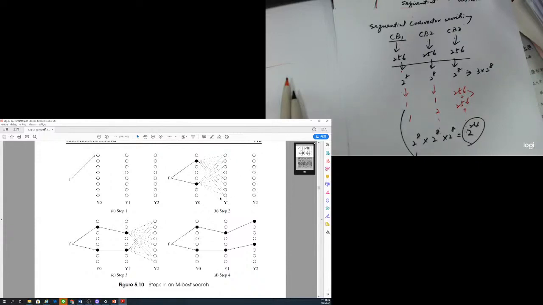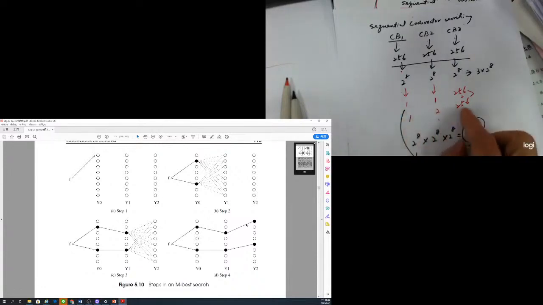And during the second stage, we also try to select two winners, and later on we find the best match. According to this one, finally we compare these two paths, to see which one has the lower total distortion. So that one could improve the performance.